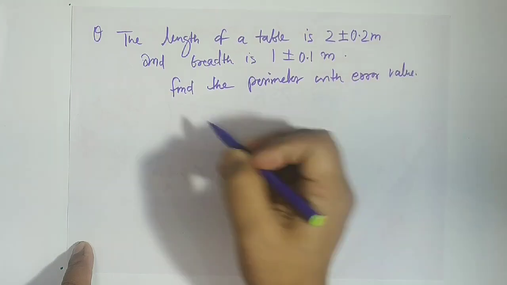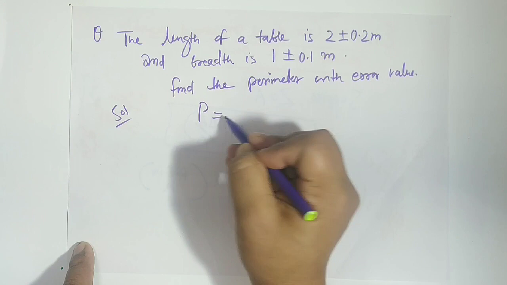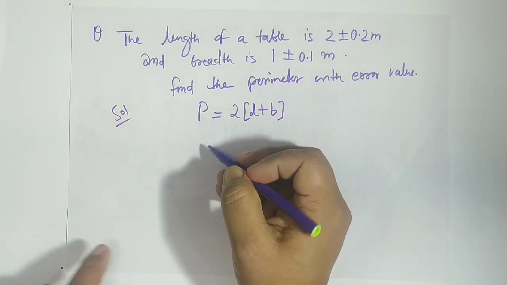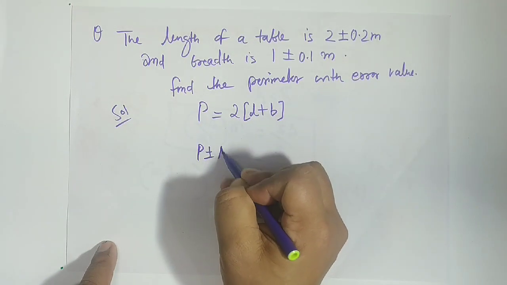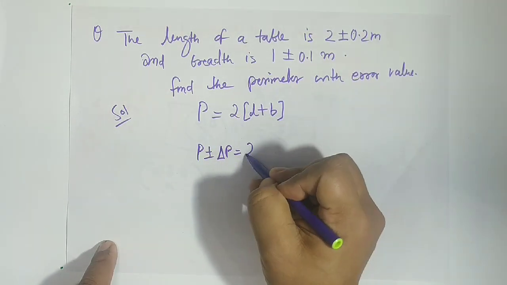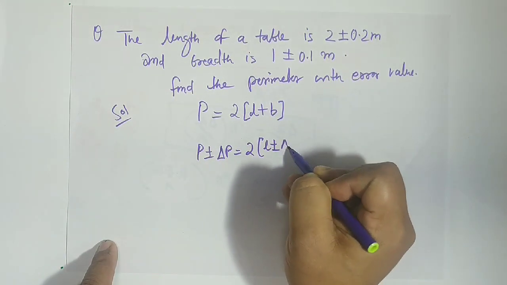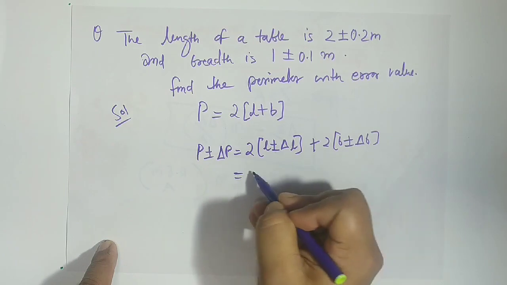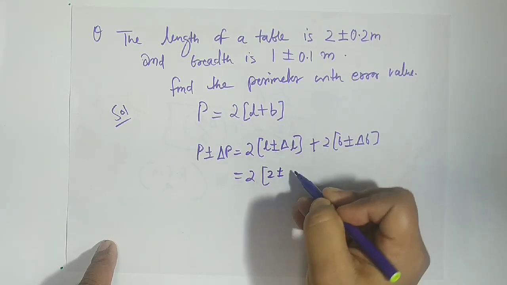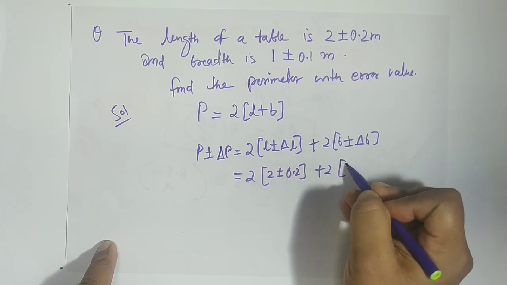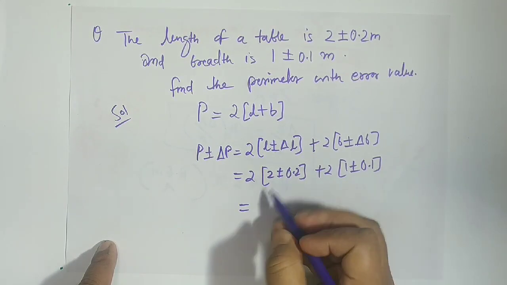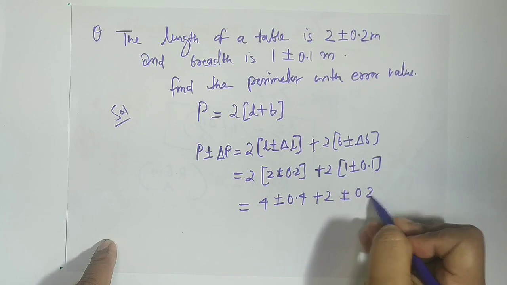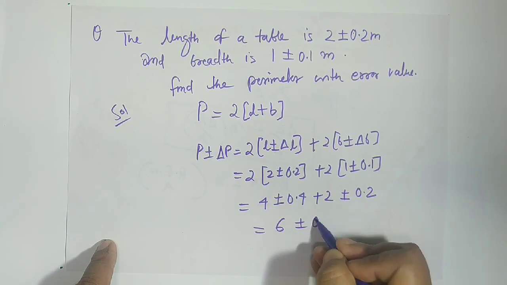I think you know that perimeter is 2 times L plus B. So directly I can write P plus minus delta P will be 2 times L plus minus delta L plus 2 times B plus minus delta B. Very simple: it will be 2 plus minus 0.2 plus 2 times 1 plus minus 0.1, so 4 plus minus 0.4 plus 2 plus minus 0.2, so I can write 6 plus minus 0.6.